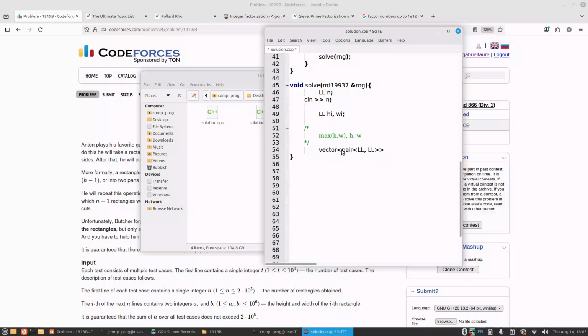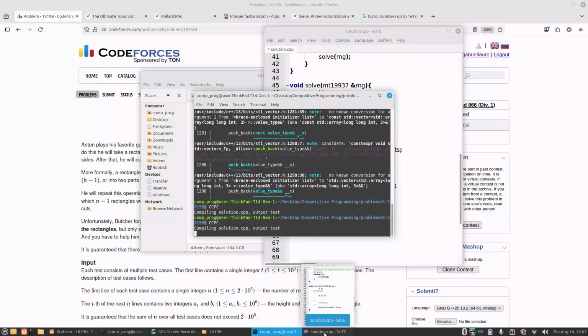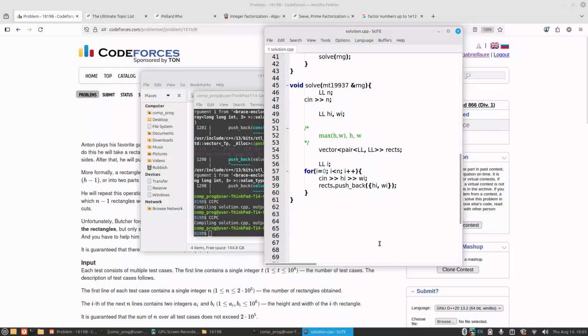Let's make it easier. That compiles, I assume. Yep.